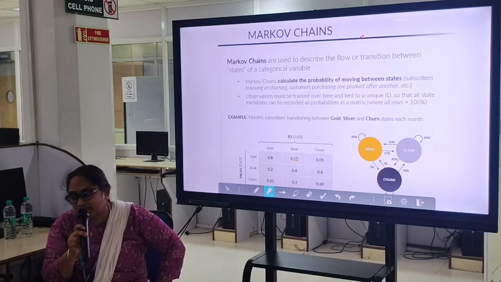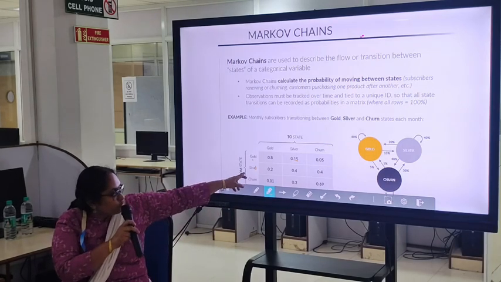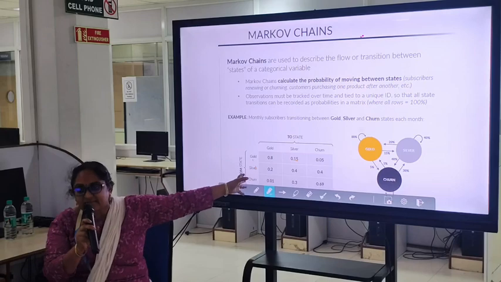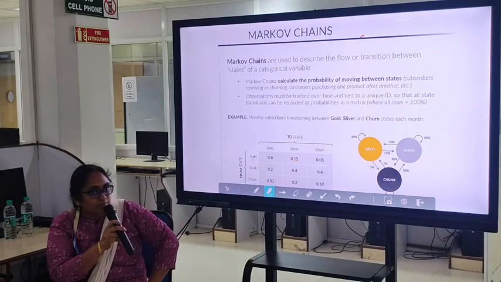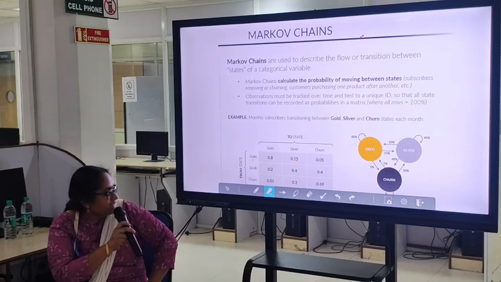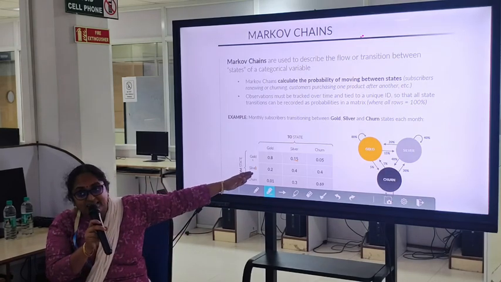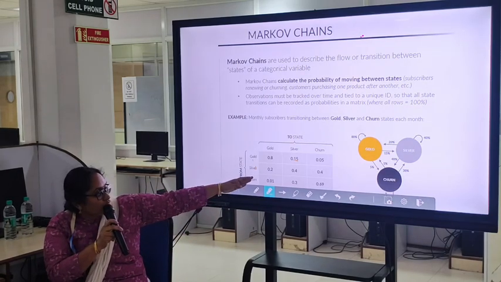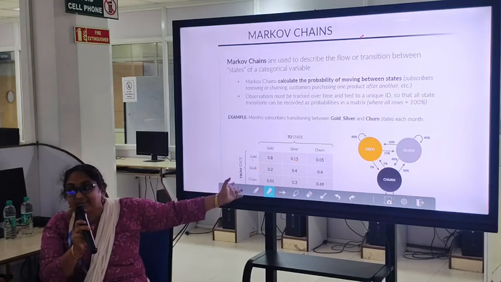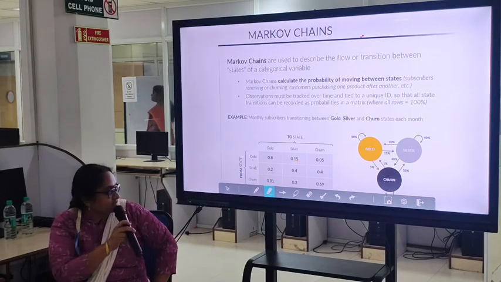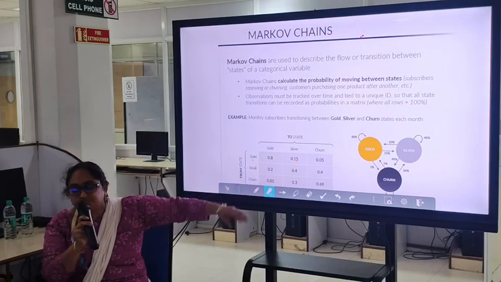So I'm telling you how we read that matrix. For the silver part, we are saying that among people who have subscribed to the silver plan, 20% of them are likely to convert to gold. 40% of them are likely to renew their subscription for silver. 4% of them are likely to churn.